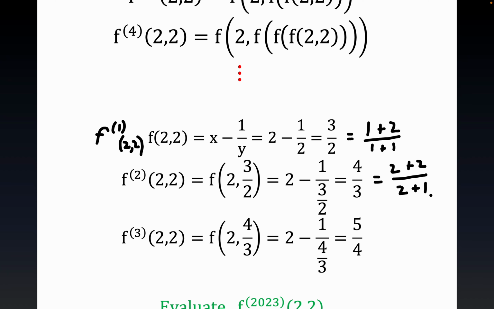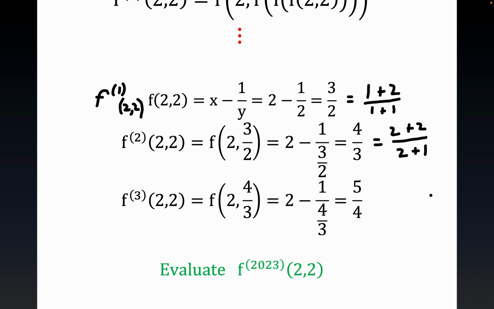And so what we get in general, again, the very same thing right here. This would be (3 plus 2) over (3 plus 1). I won't write that down.